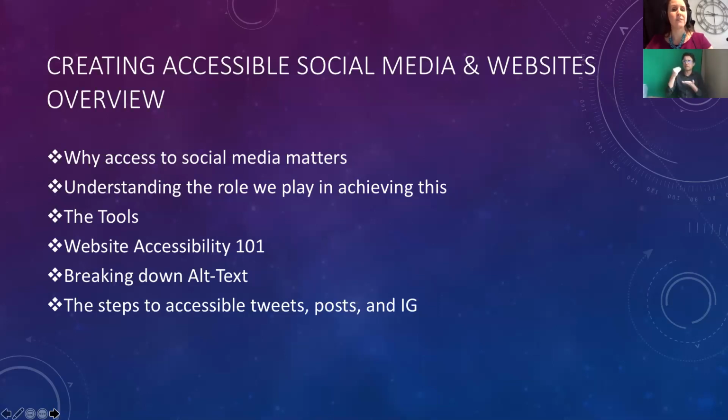So this is an overview of what I'm going to be talking about. This particular webinar, the first of 3, is going to be focusing on accessible and inclusive social media and websites. The question we're going to be thinking about is why access to social media matters. Second, understanding the role we play in achieving this.